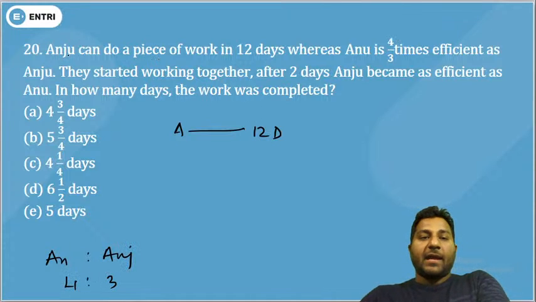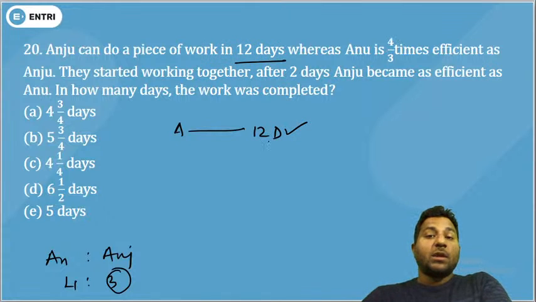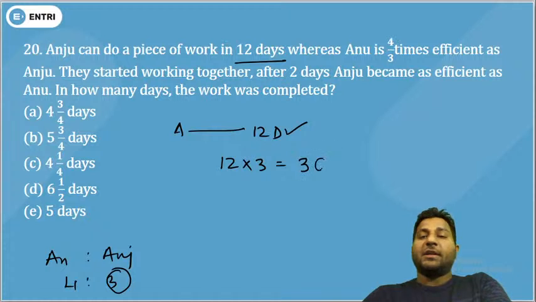Anju has the efficiency of 3, and if she is completing the total work in 12 days, that means 12 into 3 must be equal to 36 work. So we have figured out the total work.